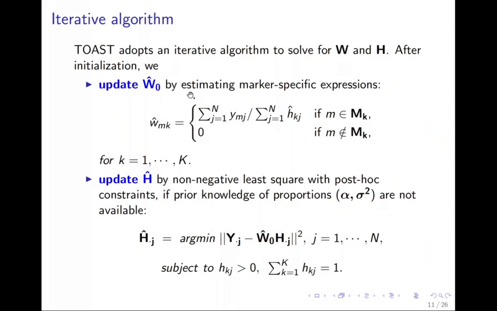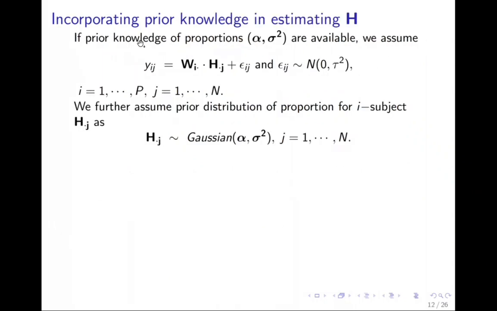In the first step, we estimate the marker-specific expression, and then in the second step, we solve the cell composition by non-negative least square with post hoc constraints when the prior knowledge of the proportion is not available. If the prior knowledge is available, we can incorporate such information through a Bayesian framework.